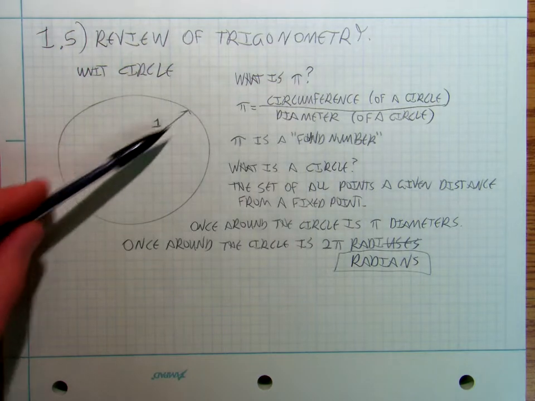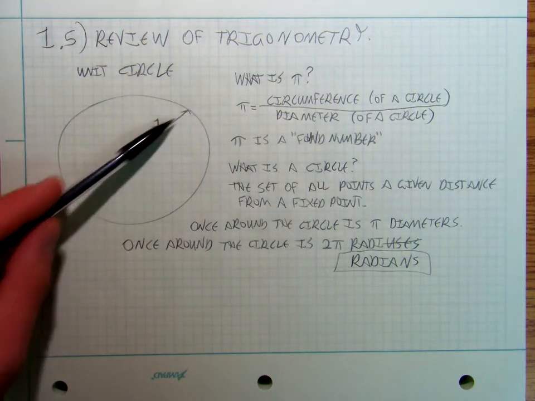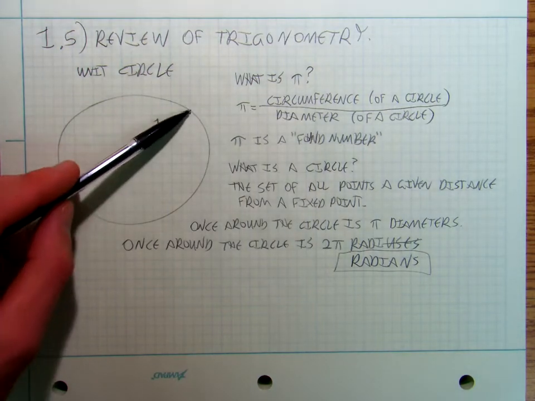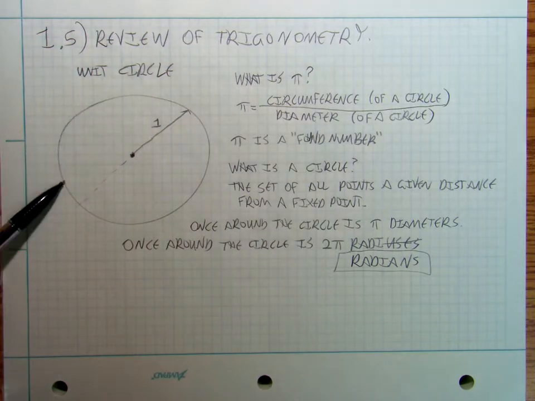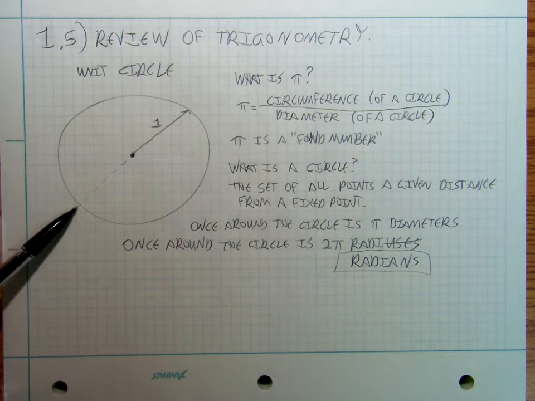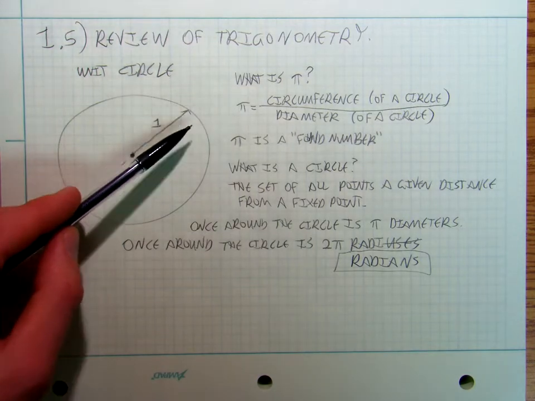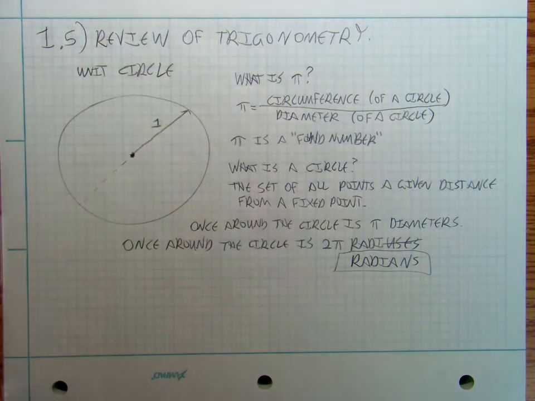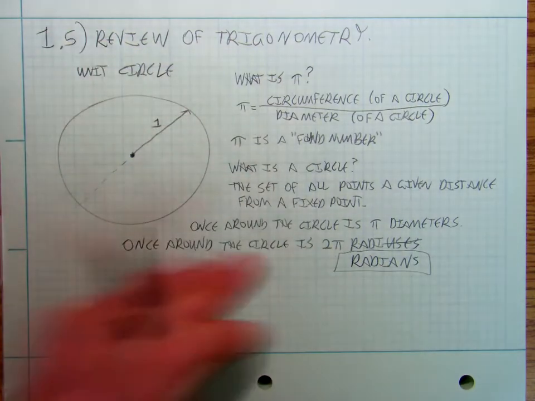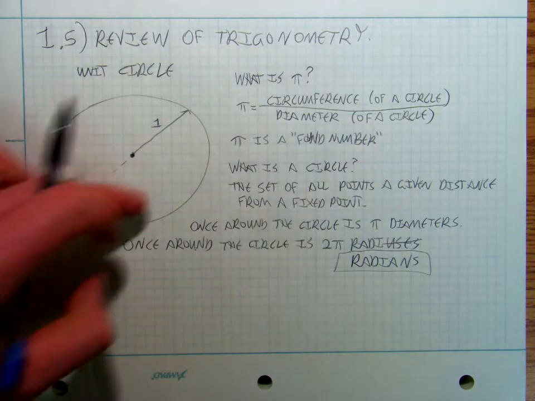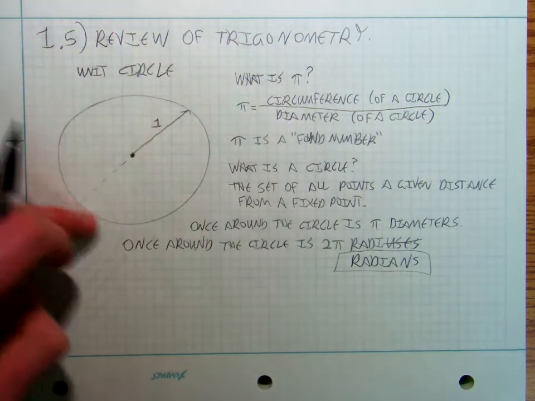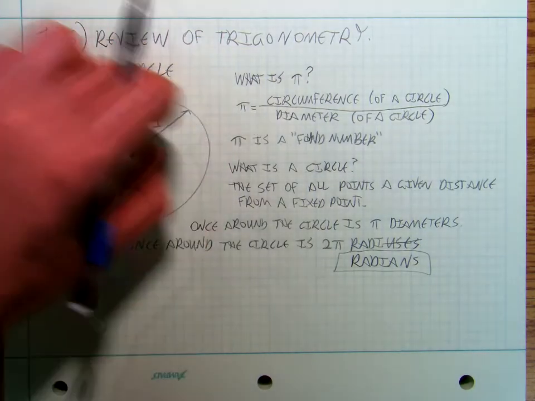So here's my radian, same as a radius, and I'm going to go once around, twice around, 3 times around, 3.14 times around, 4 times around, 5 times around, 6 times around, 6.28 times around. So a radian and a radius are the same thing, and once around the circle is 2 pi radians.